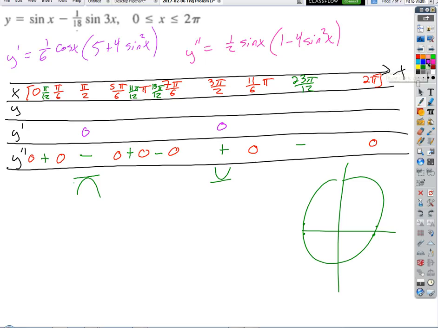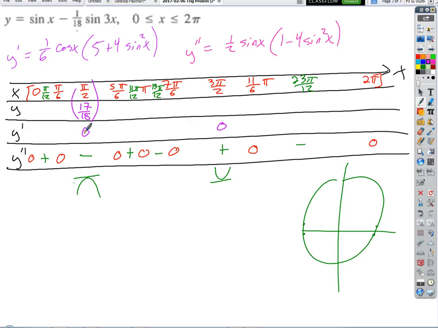Sine of pi halves is 1, and then sine of 3 times pi halves is sine of 3/2 pi, so that's -1, times -1/18, so it's going to be just a little bit less than 1: 17/18.